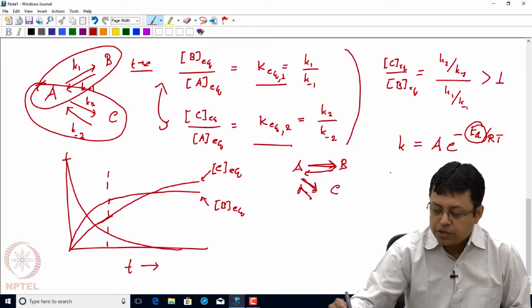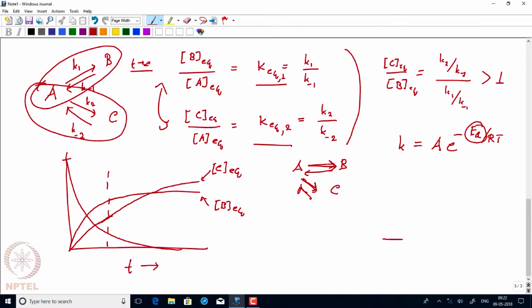Now for any reaction, say A to B, we can say that there is an activation energy, in the sense that suppose this is the energy of the A, okay, and this is suppose the energy of the product B. Now this does not happen, although energetically B is more favorable.